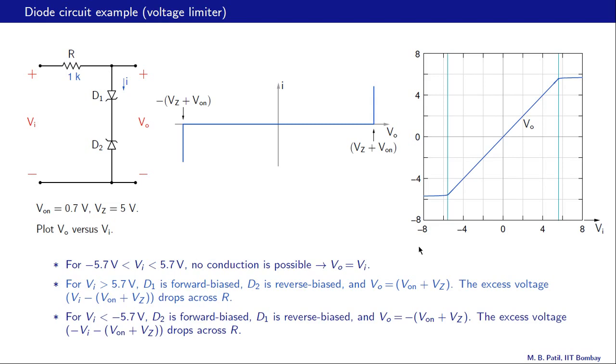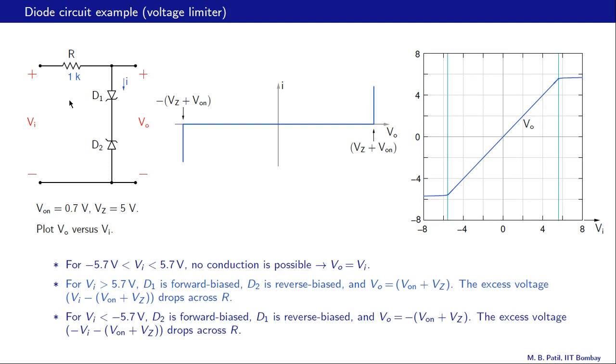So this circuit serves to limit the output voltage. On the positive side, the limit is 5.7 volts, and on the negative side it is minus 5.7 volts, and that is why it is called a voltage limiter.